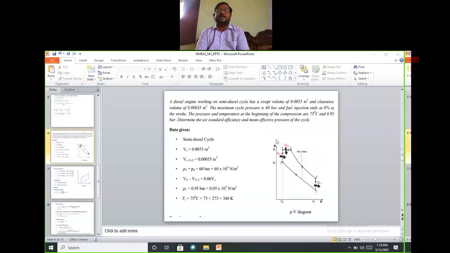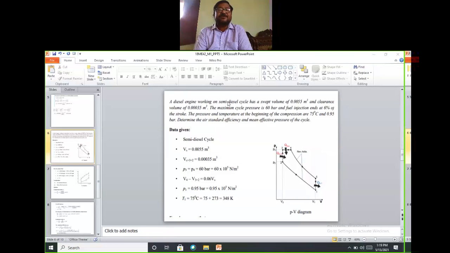One more, the dual cycle problem is there. Diesel engine working on the semi-diesel cycle. This statement is very, very important. You see here, he is telling diesel engine working on semi-diesel cycle. Semi-diesel cycle is a dual cycle.